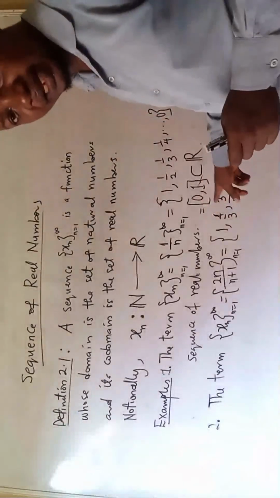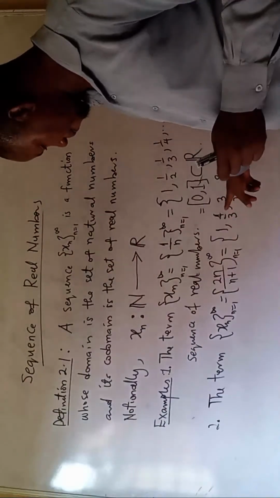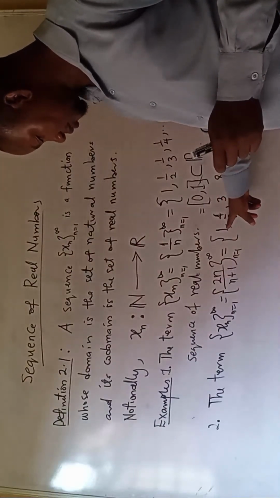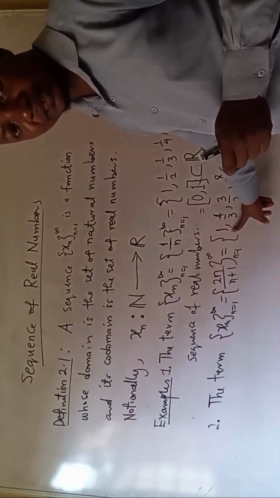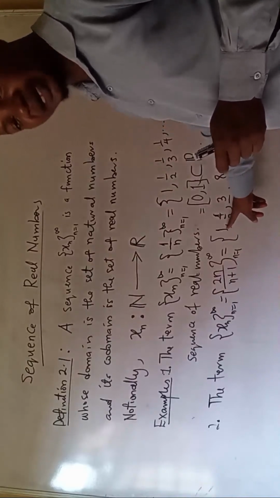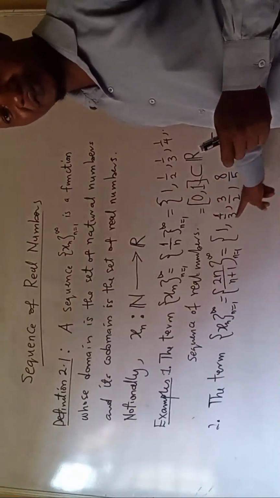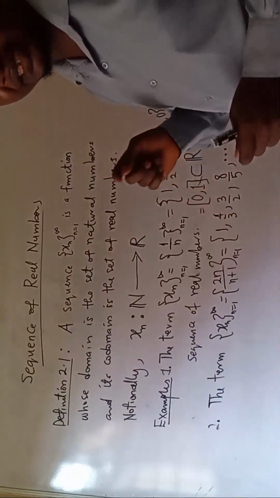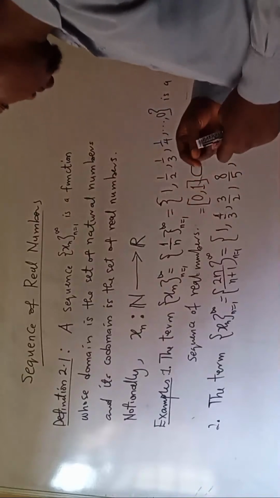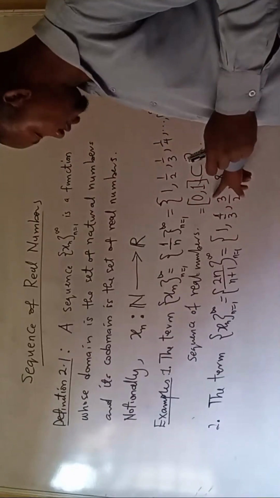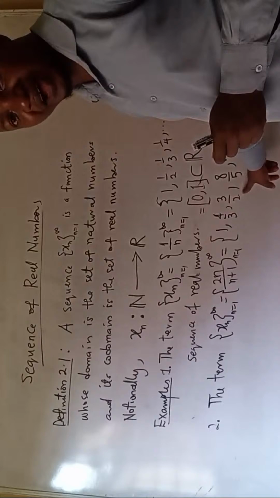Similarly, the next example we are considering here is that the first member is 1. The first member is less than the succeeding term, which is 4 over 3. 4 over 3 is 1.3333, and that is less than 3 over 2, which is 1.5.